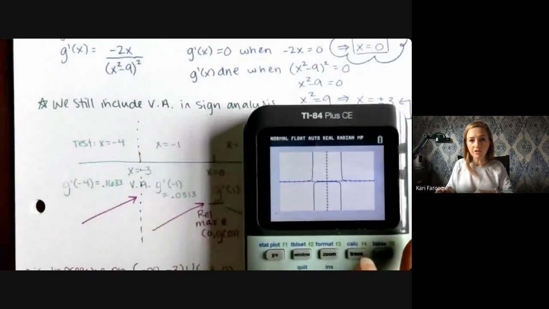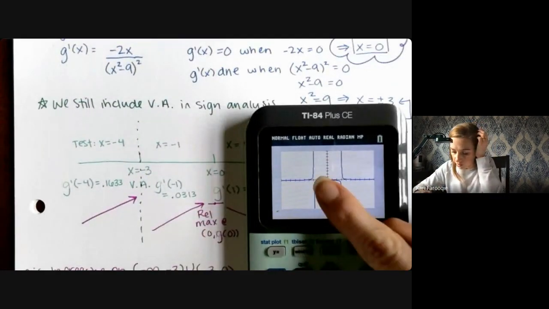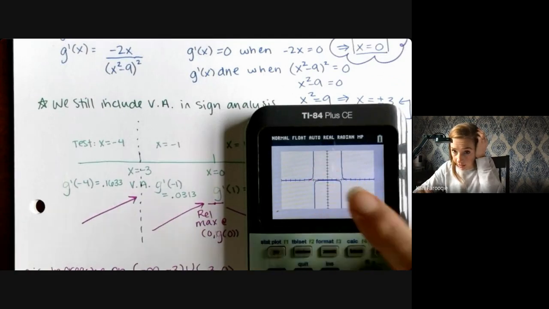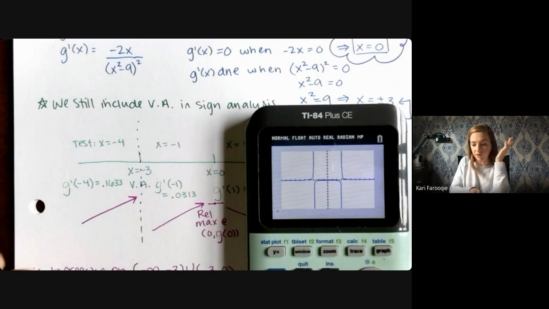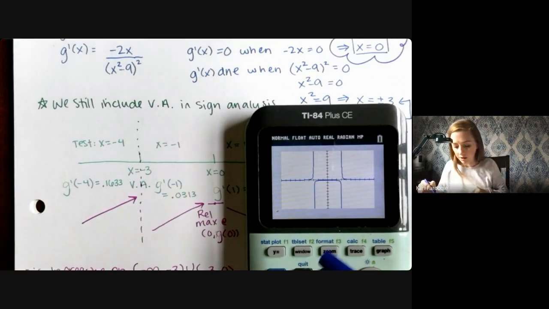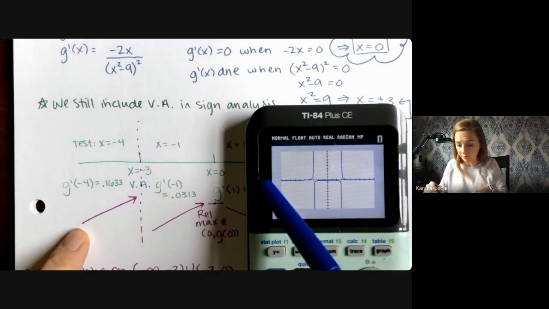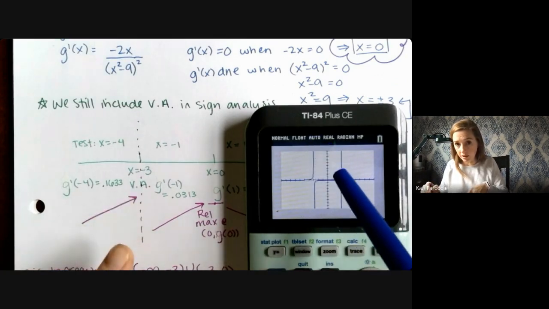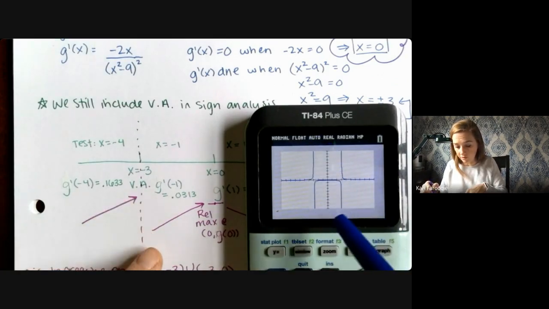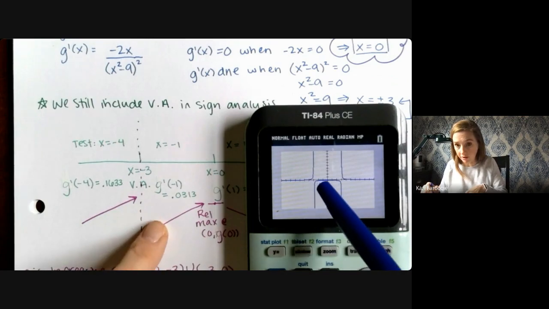Now, up until you hit this vertical asymptote at 3, you can see it appearing on your graph. I mean, it doesn't show up as an asymptote, but you can see that the graph doesn't have any function values there. Your graph is increasing up to the asymptote. And then from -3 to 0, the graph is again increasing.